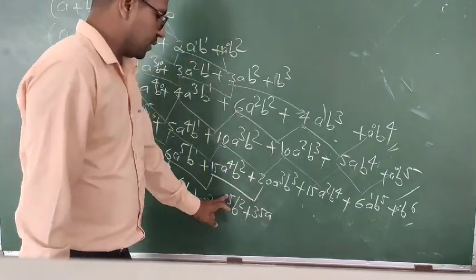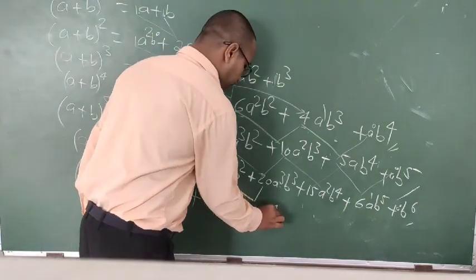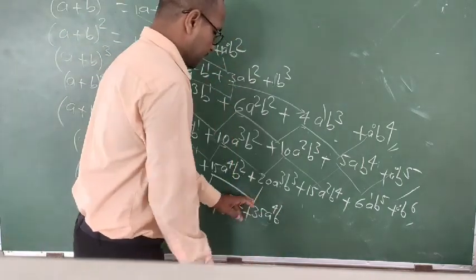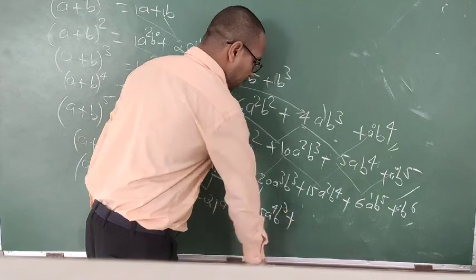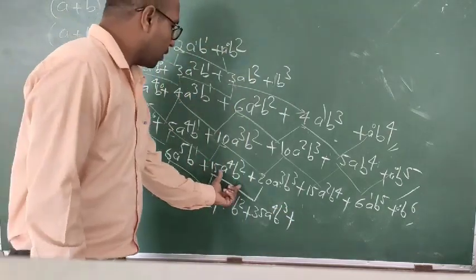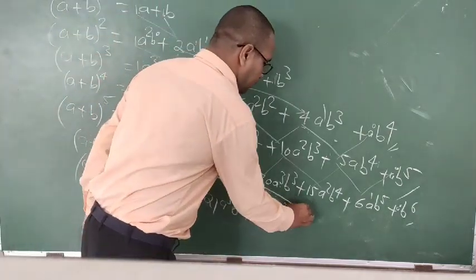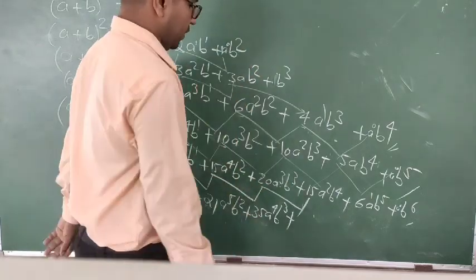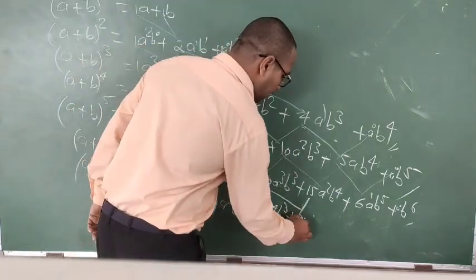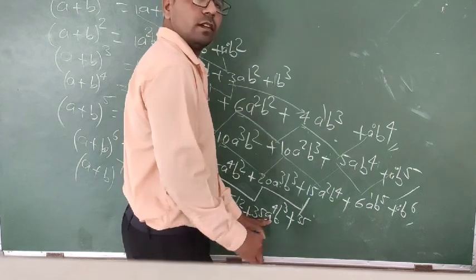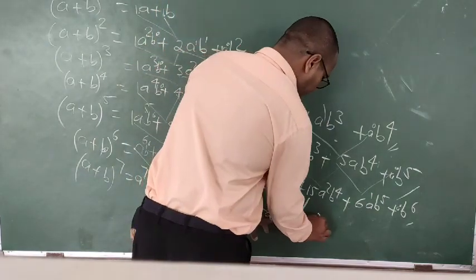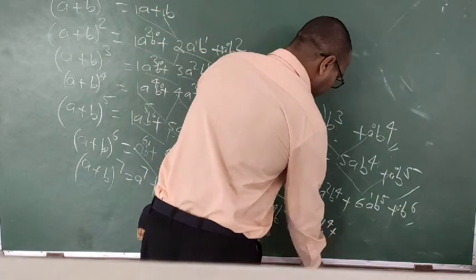a to the power, just decrease it, 4. And b to the power, increase it, 3. Plus, this we have got 35. Now again, 20 plus 15, 35. 35, a to the power 3, b to the power 4.